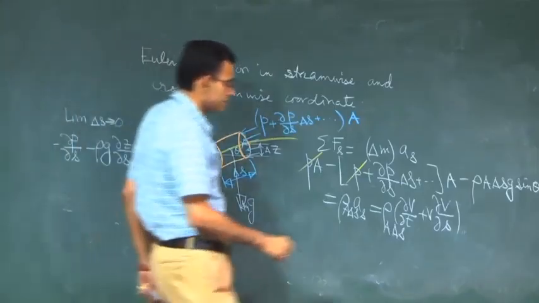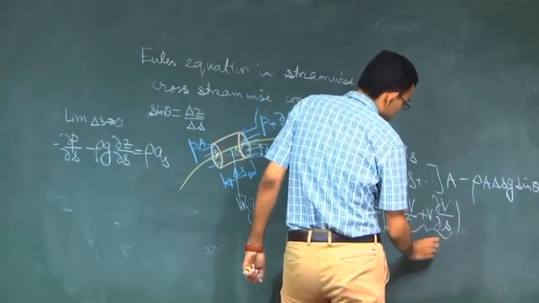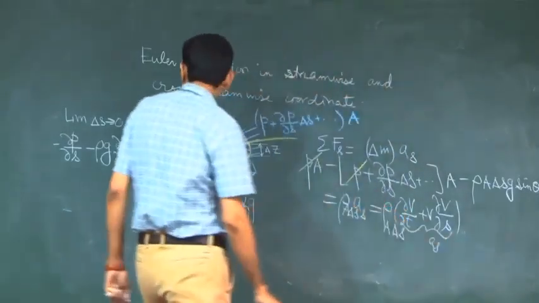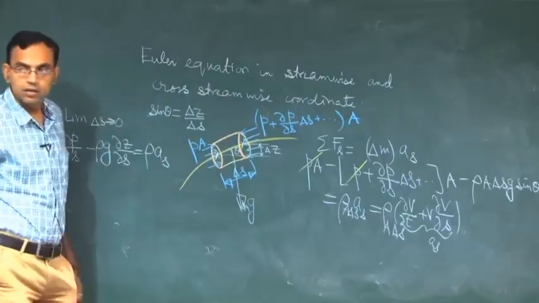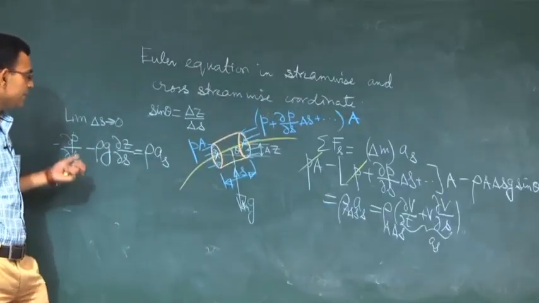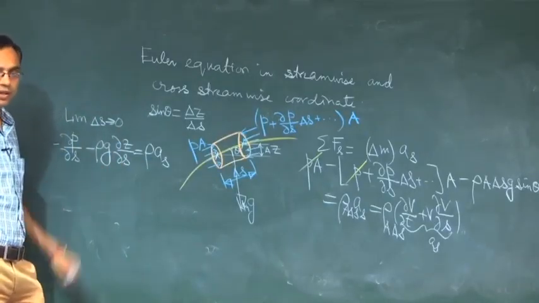So, this is the Euler's equation in the streamwise coordinate.